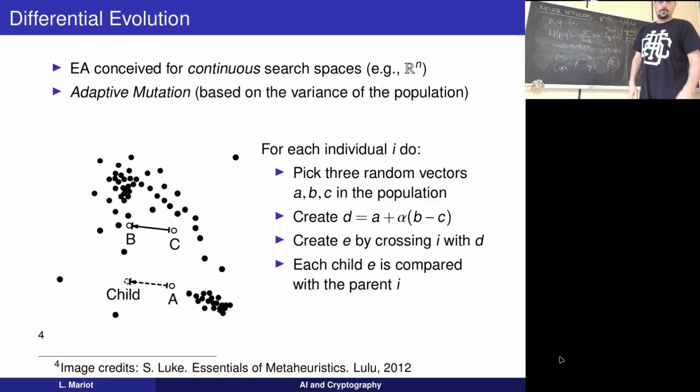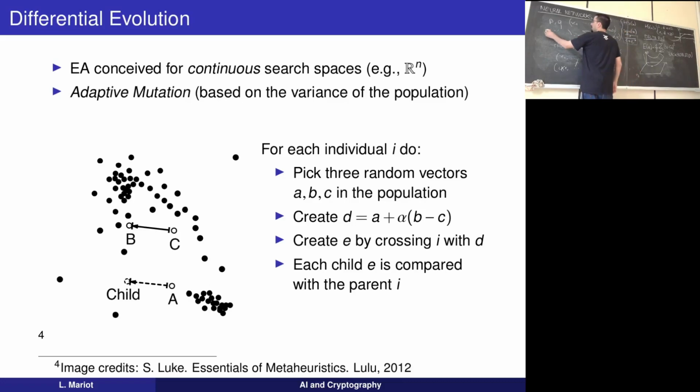In particular, what is used in the one pixel attack is an evolutionary algorithm that we didn't see yesterday, called differential evolution. If you remember, genetic algorithms are mostly for discrete space combinatorial optimization problems.